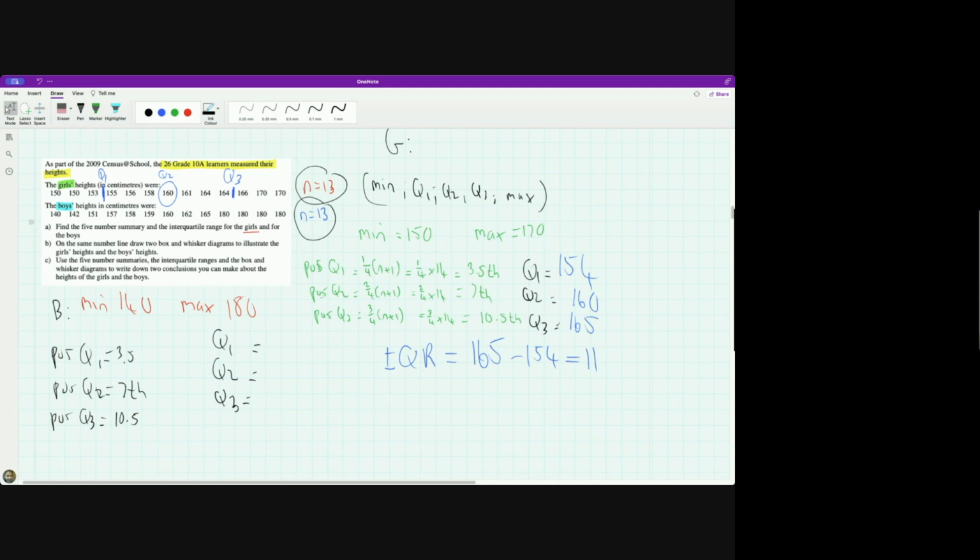What are you going to get for Q1 for boys? 3.5, or it's between the 3rd and the 4th. So it must be over here, which I get is 154. What about Q2 and Q3?